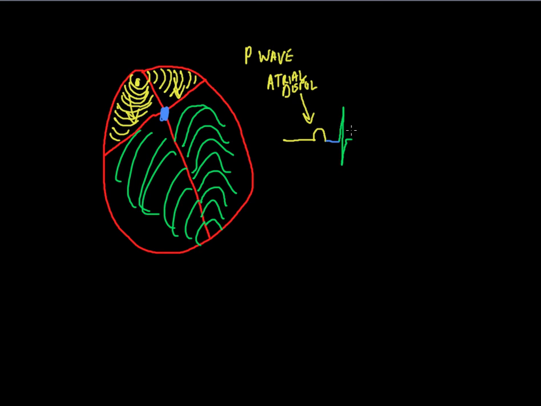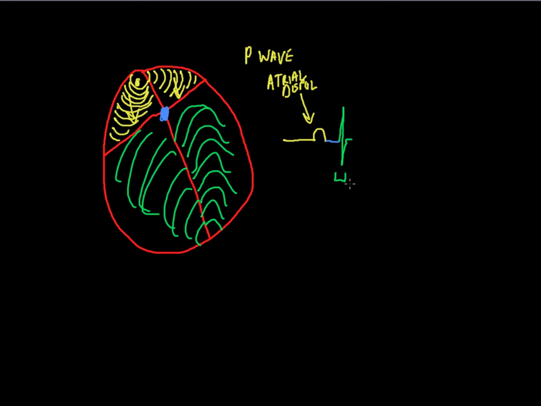And this little bit here, where it's going up and down, I'm going up and down from the baseline. Now, generally speaking, on a normal heartbeat, it'll be all positive. There might be a little bit of negative, but it's predominantly positive.